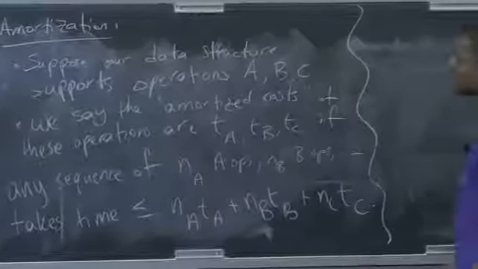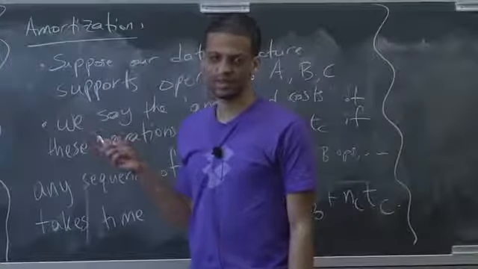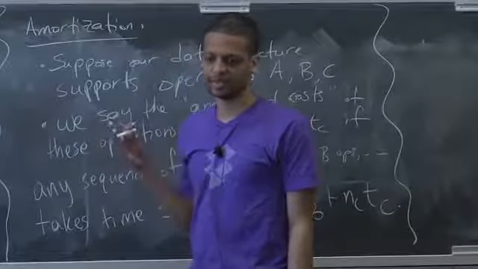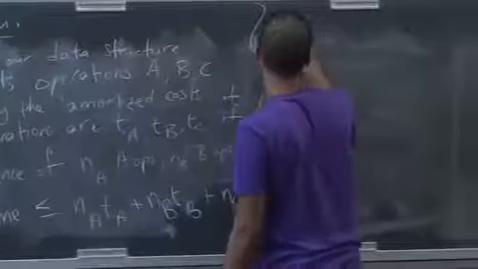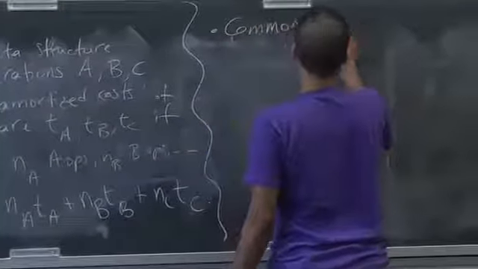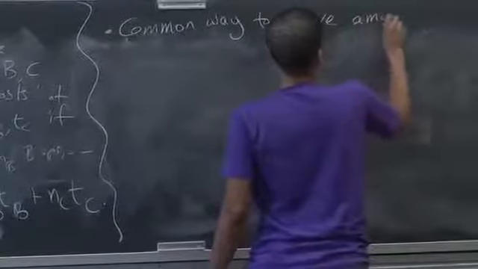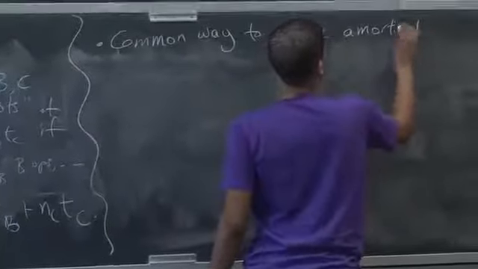A common way of proving amortized bounds is what's known as the potential function method. We'll see this with splay trees.